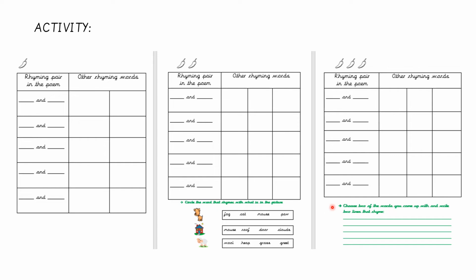So I'd like you to choose 2 of the words you came up with and write 2 lines that rhyme. So imagine like the 2 lines in a poem that rhyme. I'd like you to choose whichever 2 words from your grid, making sure that they both rhyme obviously, and write 2 lines so that the rhyming word is at the end of your lines.